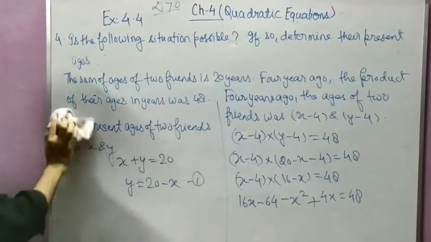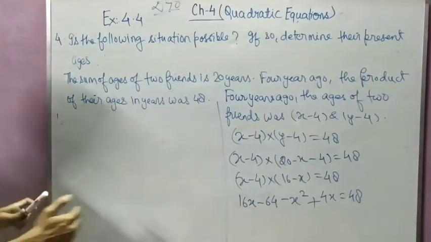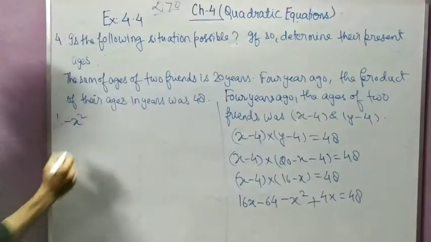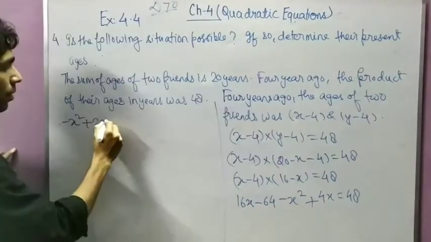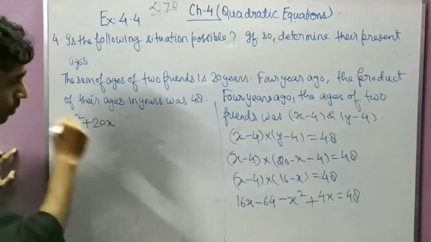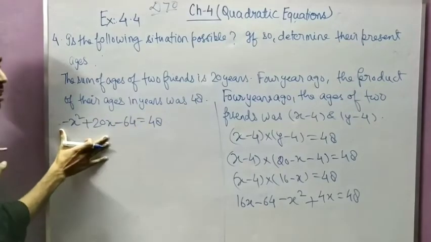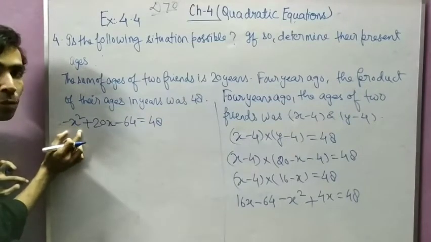Now students, after that what will we do? See, because there is only the x square term, so minus x square. Now 16x plus 4x will be 20x, and minus 64 equal to 48. Now transfer all these terms to this side. Why are we doing that? Because we want the coefficient of x square to be positive.